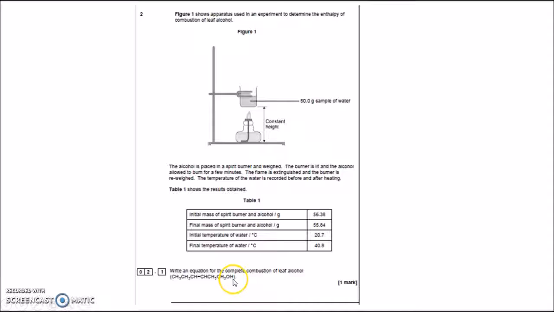So it's given me the formula again of the leaf alcohol. So what's it got? It's got 6 C's, it's got 3, 4, 5, 6, 7, 8, 9, 10, 11, 12 H's and an O. So I've got C6H12O, or you could put C6H11OH if you wanted to.